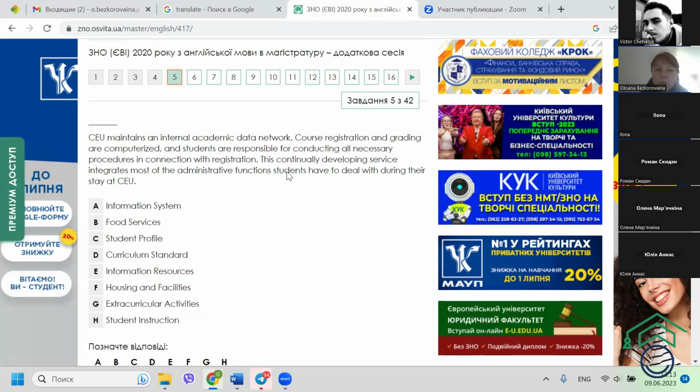This continually developing service integrates most of the administrative functions students have to deal with during their stay in CEU.